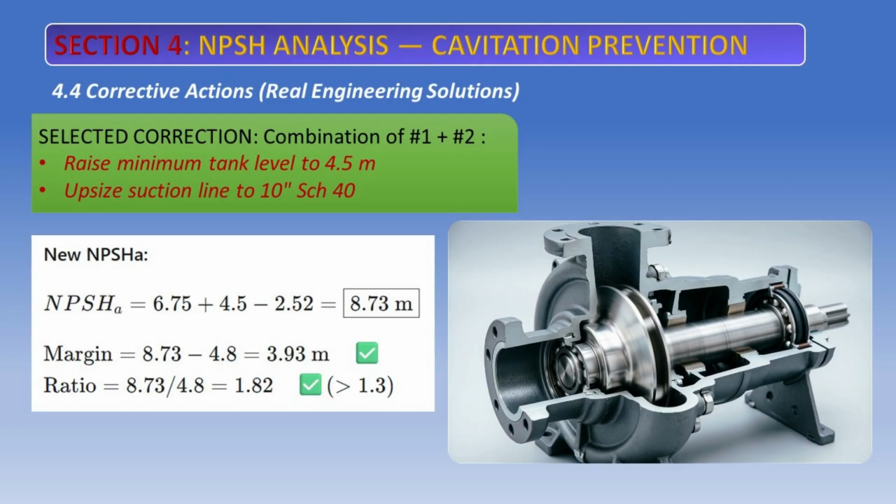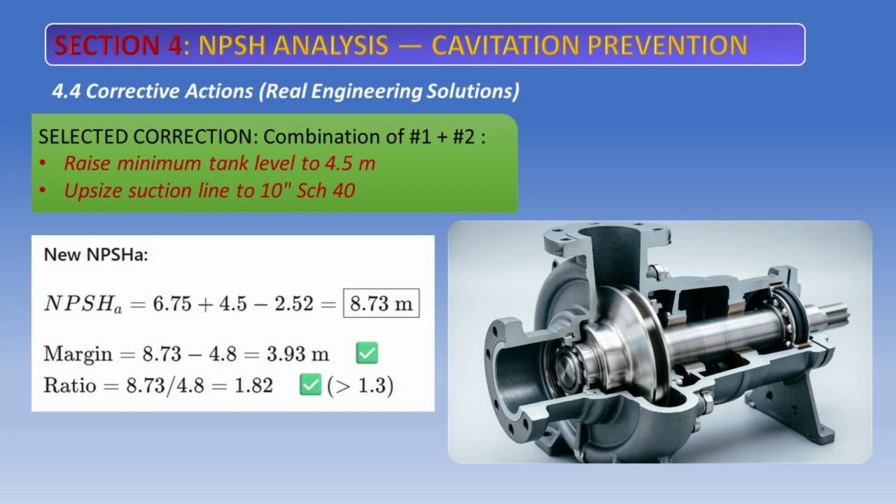Second, we will upsize the suction line from 8 inch to 10 inch. This will reduce the velocity and, importantly, the suction friction loss from 4.62 meters down to 2.52 meters.